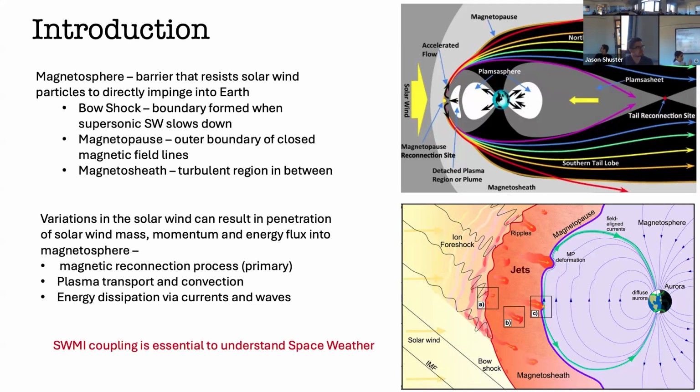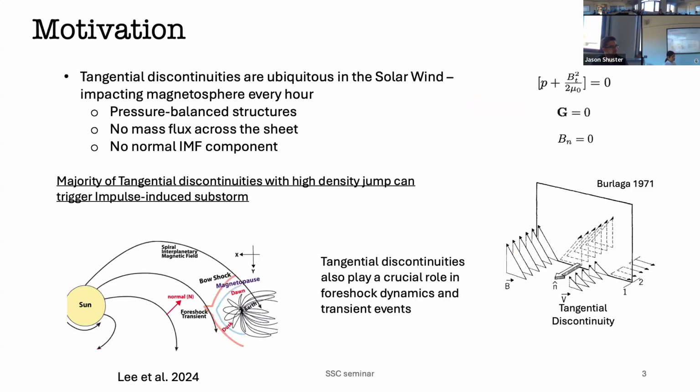The primary process is definitely magnetic reconnection, but there are other processes that could allow the influx of solar wind plasma into the magnetosphere, especially during strong northward cases, and we will be discussing more on that. Understanding the solar wind magnetosphere coupling is essential to understand space weather.